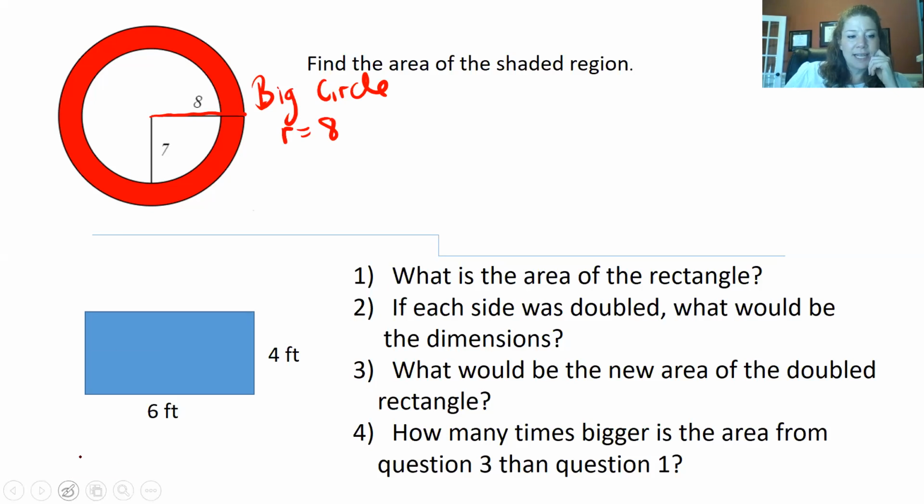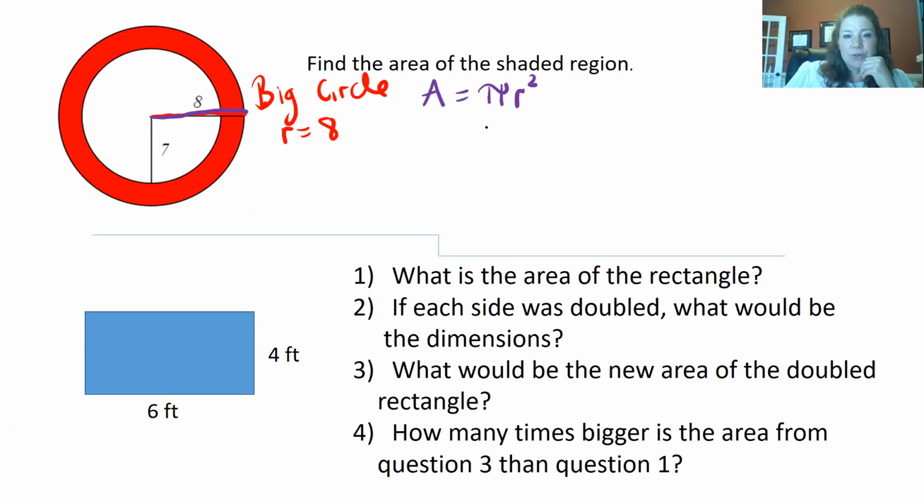From here to here, that is 8 centimeters, right? So we want to know what is the area, pi r squared, of the great big full circle, the red one, as if it were a complete circle. So we're going to square our radius of 8.